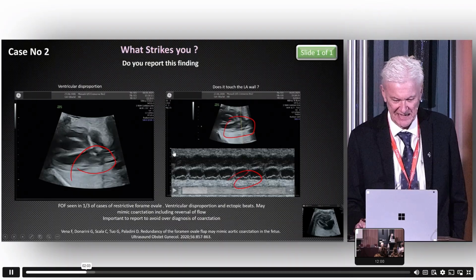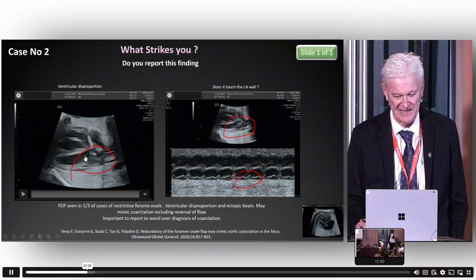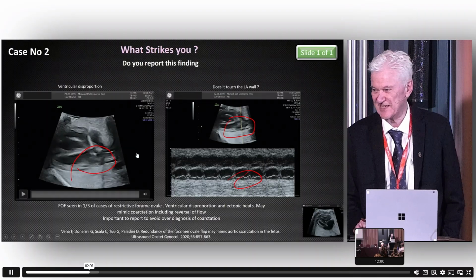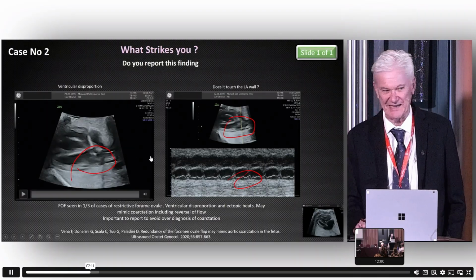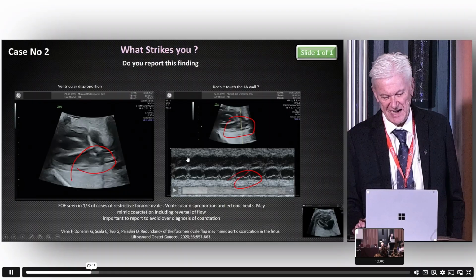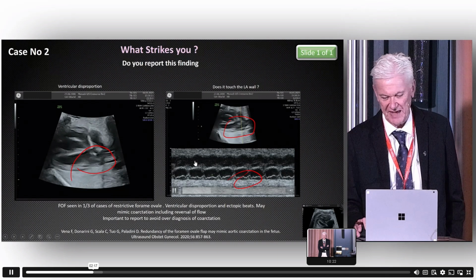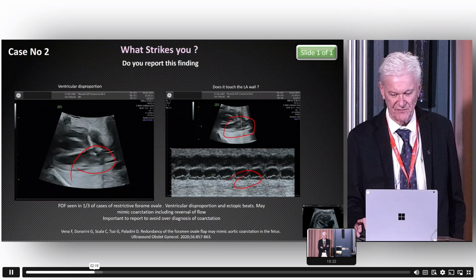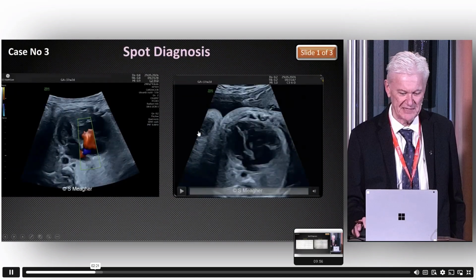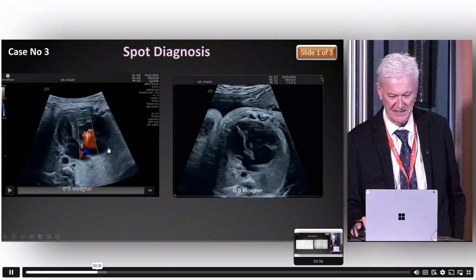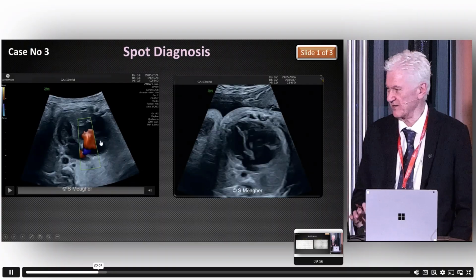So, Juleni, ignore the fact that there is a little bit of ventricular disproportion here. In a scenario where you've got an entirely normal scan and you see a prominent foramen ovale as an isolated finding, do you disclose that to the patient, and do you recommend any postnatal evaluation or imaging?